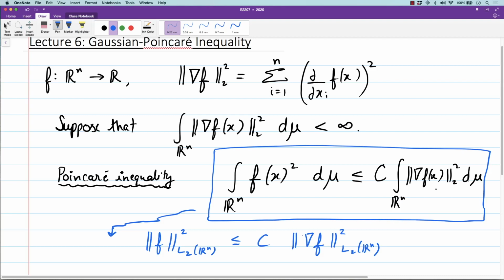That's a slightly more compact form of the same inequality. Okay, so this is the Poincare inequality.